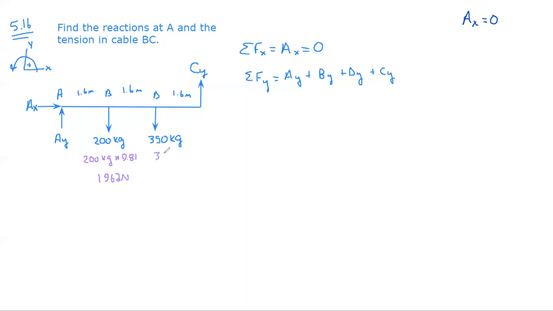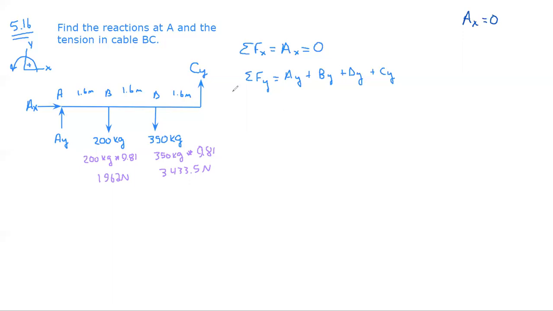And then 350 kilograms times 9.81 gives 3,433.5 newtons. So if you are not getting an answer close to mine, or you're very close but slightly off, you might want to look at your conversion factor. Keep in mind, in class, we have emphasized the importance of using 9.81.